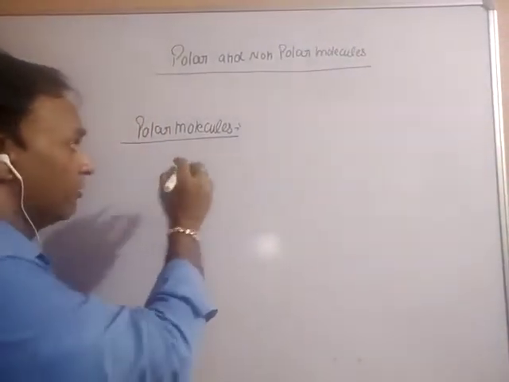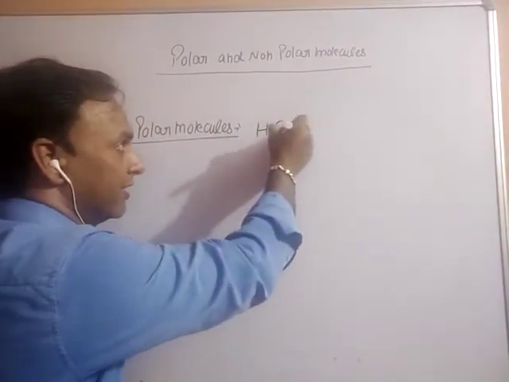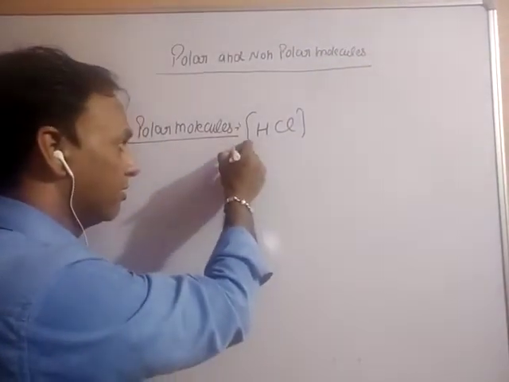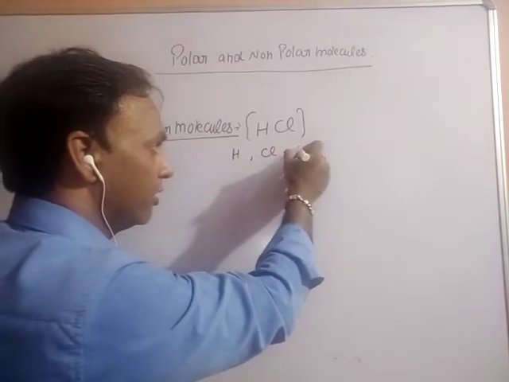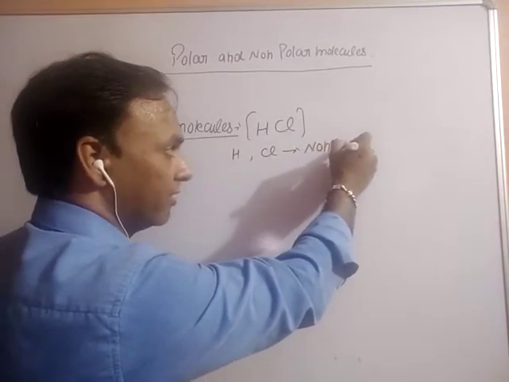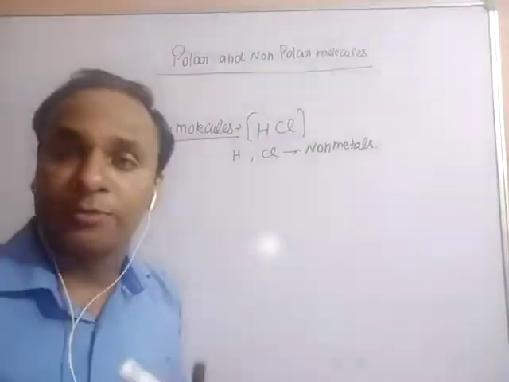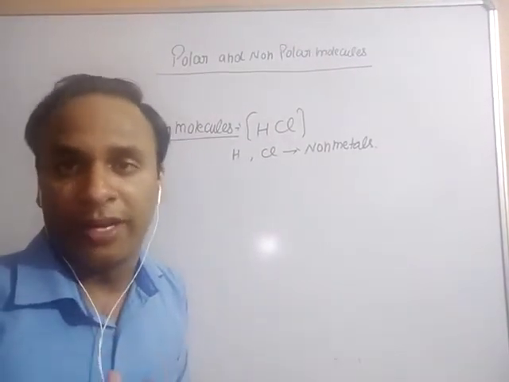For example, hydrochloric acid, HCl. Here hydrogen and chlorine both are non-metals. Clear? And non-metals form covalent molecules, covalent bonds.